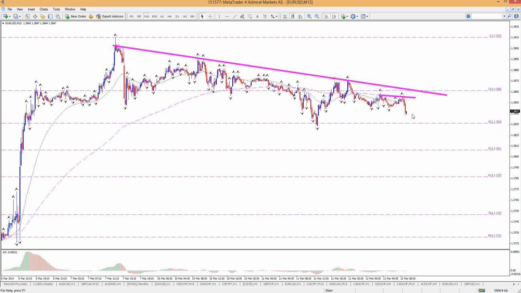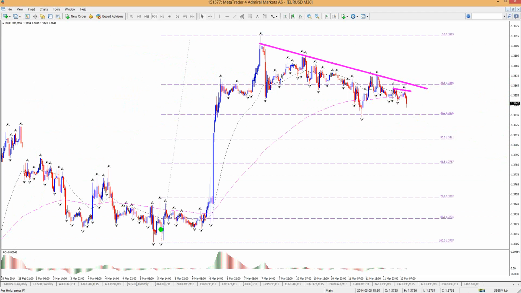The 50 fib will definitely be a valuable level because we had a pretty strong up move, as you can see. So when you get to 50%, that's a pretty decent probability that that will act as a support and act as a bouncing spot.